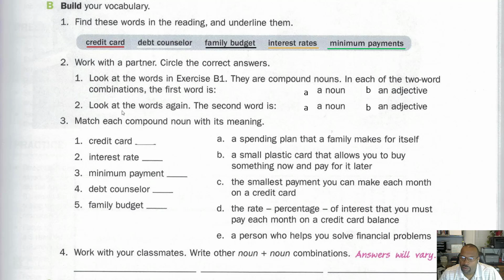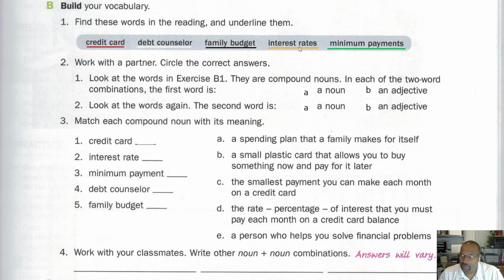Number 2, look at the words again. The second word is, let's look at this one, credit card. The second word, card, is a noun. Debt counselor. Counselor is a noun. Family budget. Budget is a noun.